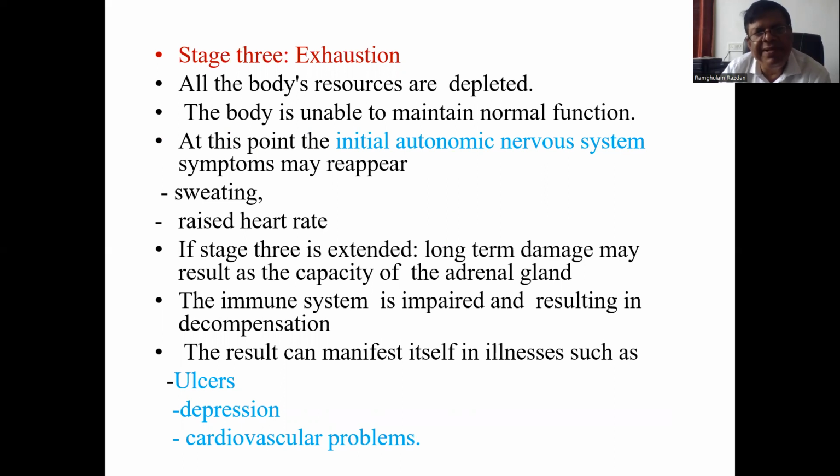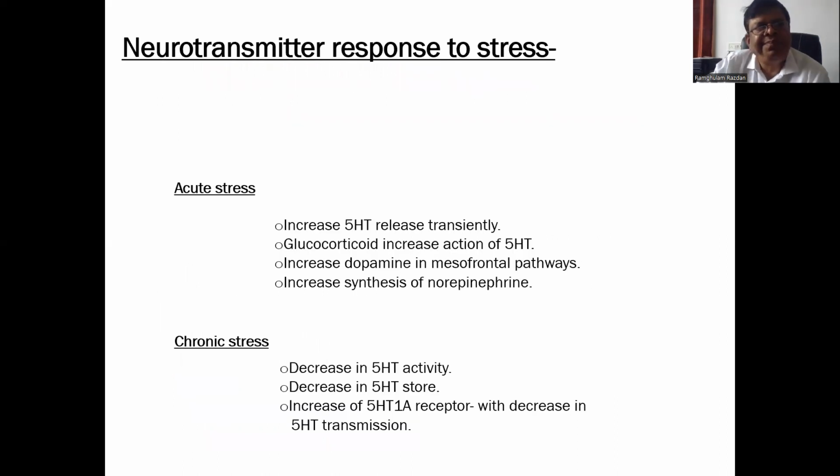If stage 3 is extended, long-term damage may result as the capacity of the internal glands exhausts. The immune system is impaired, resulting in decompensation. The result can manifest itself in illnesses such as ulcers, peptic ulcer, depression, and cardiovascular problems might be one of the consequences.